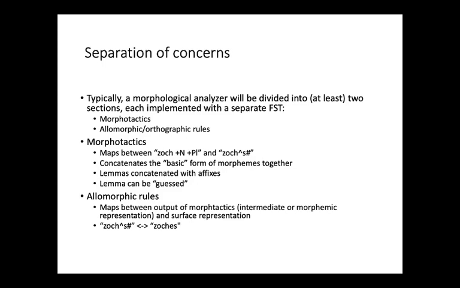Does this make sense? This is actually very important to your homework. So if it doesn't make sense, now is a good time to ask about it. We'll go over it a bit more in a minute. So you have one FST that puts stuff together, or that defines combinations of things. You have another FST that defines transformations of those things.